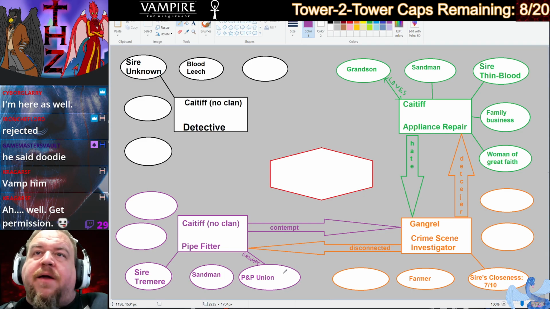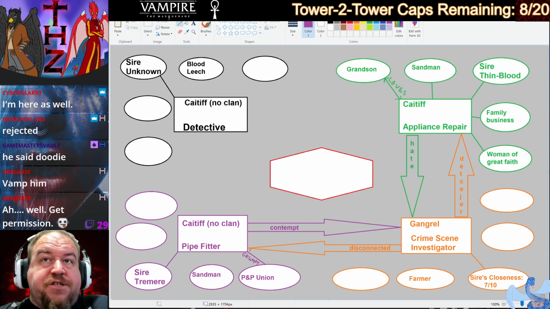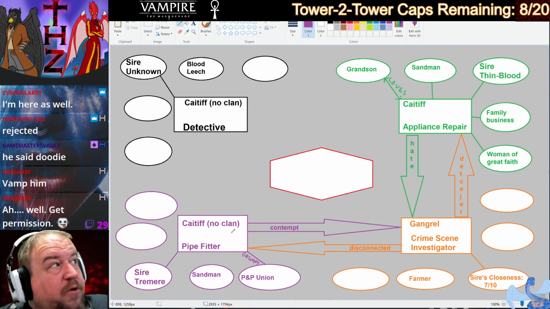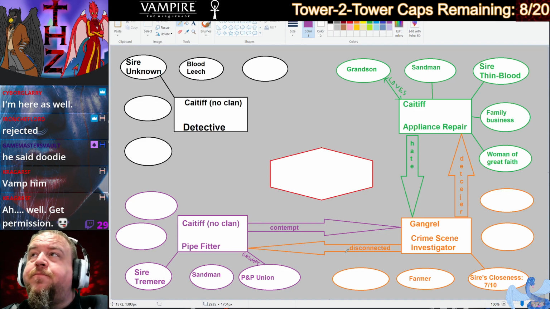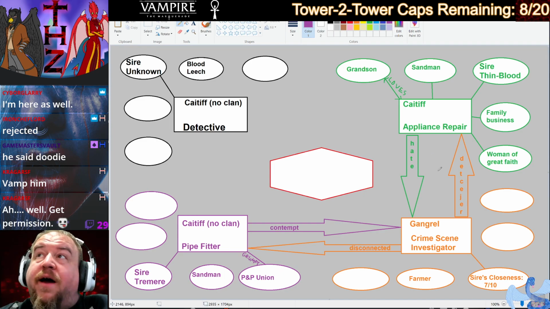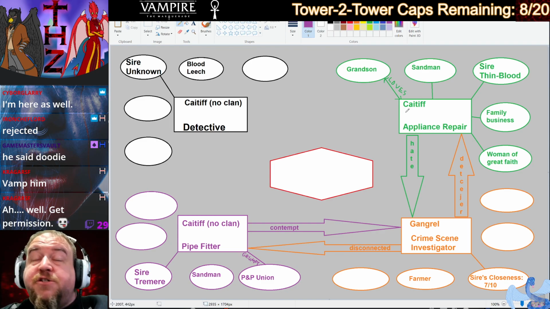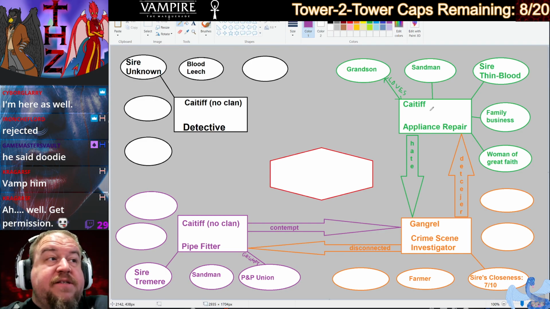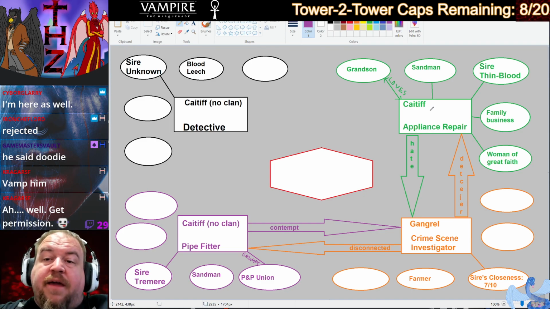So, kind of grumpy. But what we can also do isn't just connect this purple box to the purple bubble. Plumbers and pipe fitters might very well encounter appliance repair people for dishwashers and washing machines, and they're installing the plumbing and the people bringing the appliances.